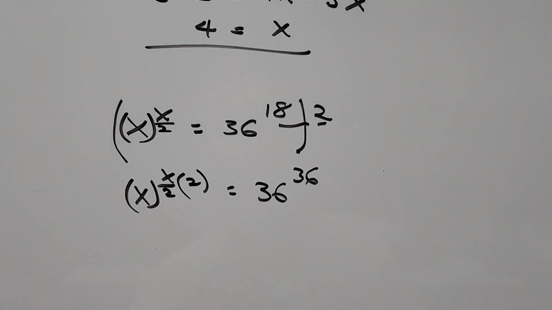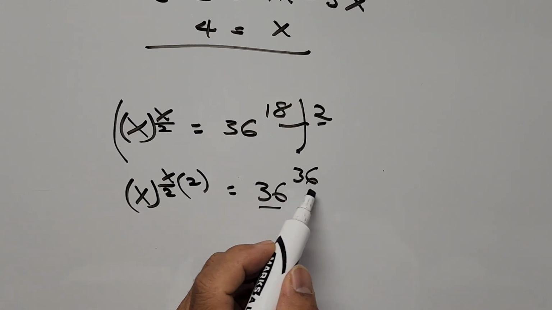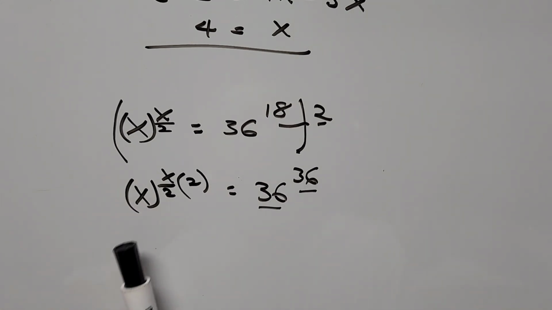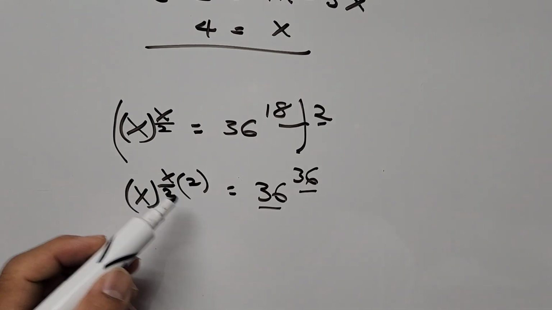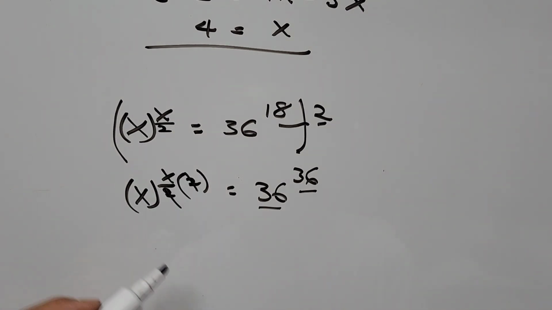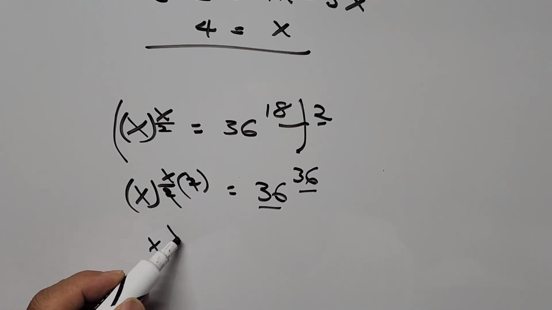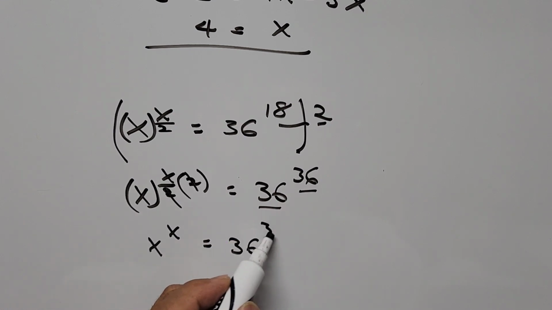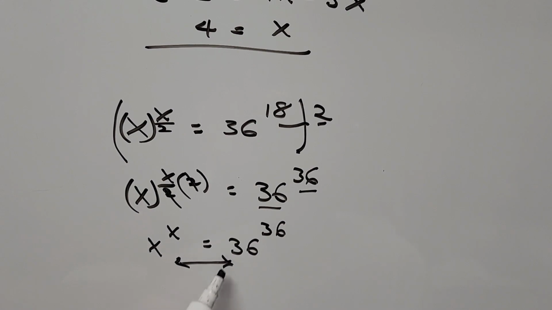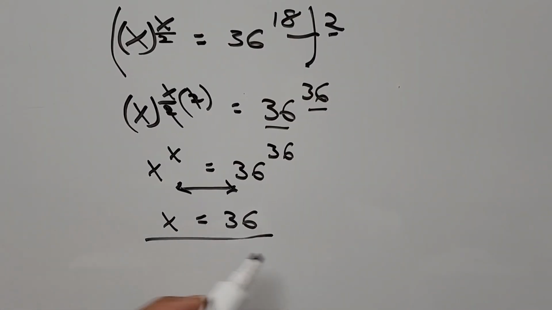Now on the right-hand side, the base is the same as its exponent. How about on the left side? We can cancel the 2, so on the left-hand side it will be just x to the exponent x, and the right-hand side 36 to the exponent 36. By comparison, x is equal to 36. So that is the final answer.